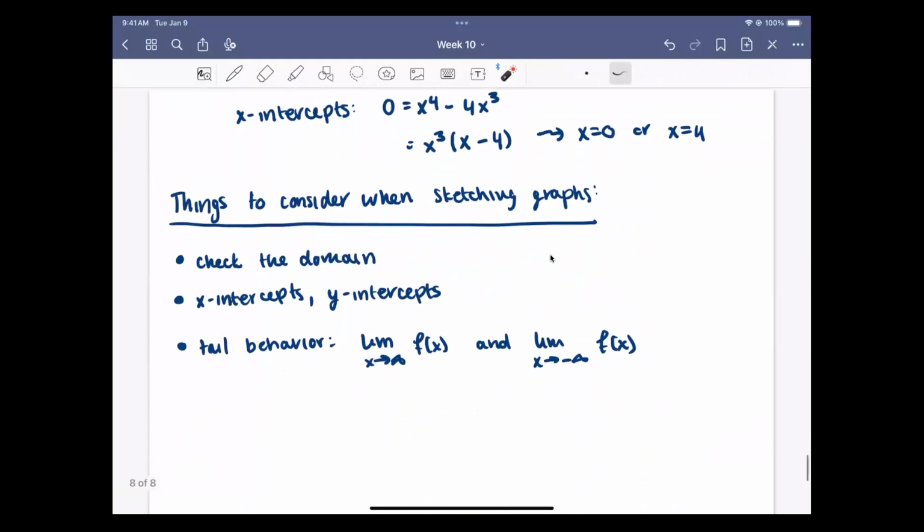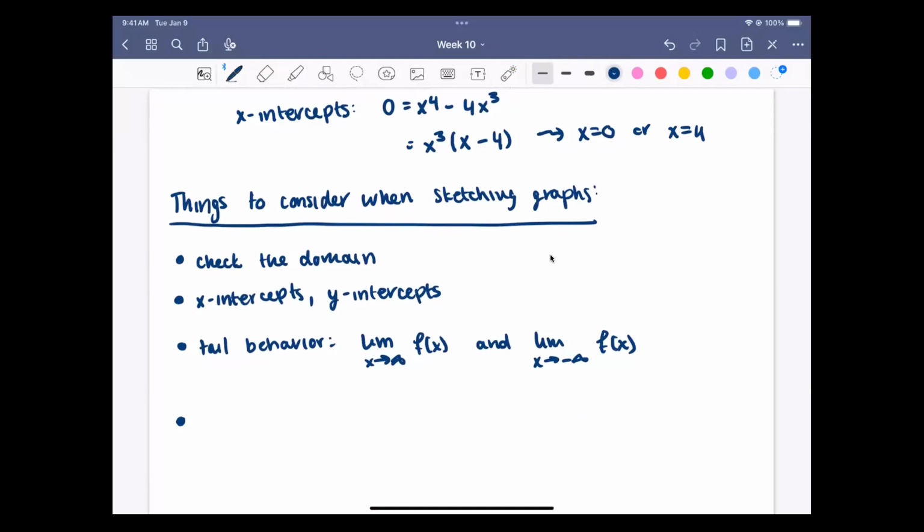Okay, and then there may be vertical asymptotes. Or rather, I'll just say, if you have numbers that are not in the domain of the function, for example, it's a rational function and you have some value that makes the denominator 0, you're going to want to compute the limit to the left and the right of that value so that you can see what is happening as you get close to it.